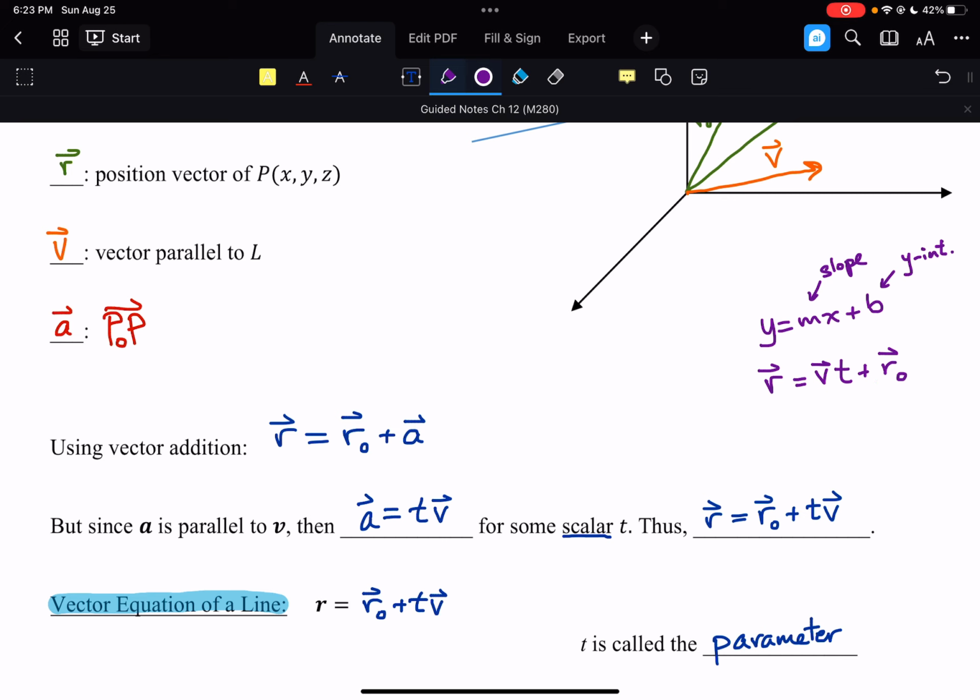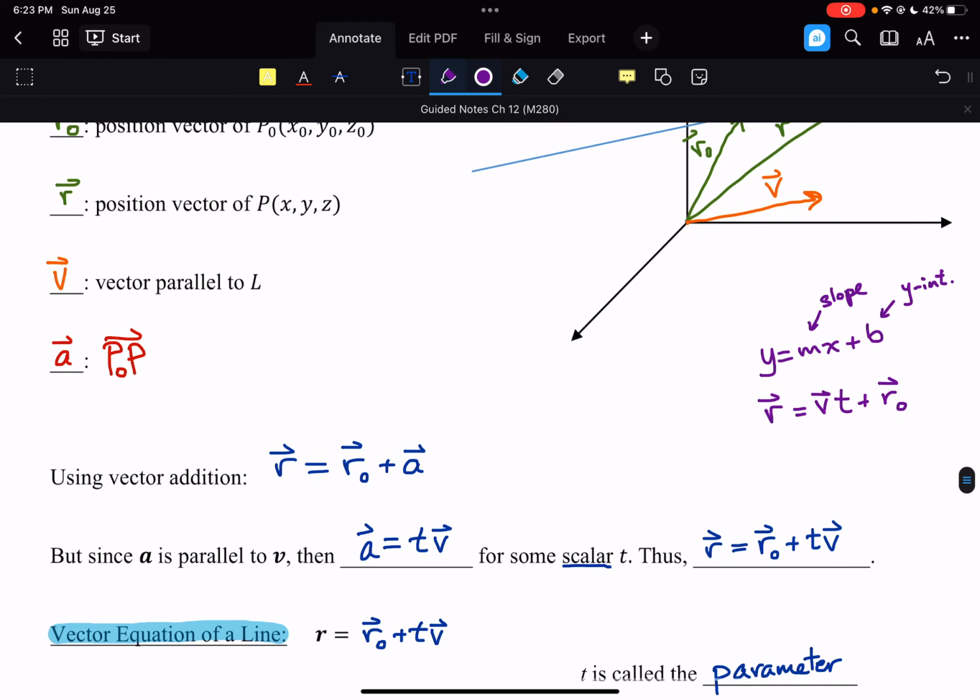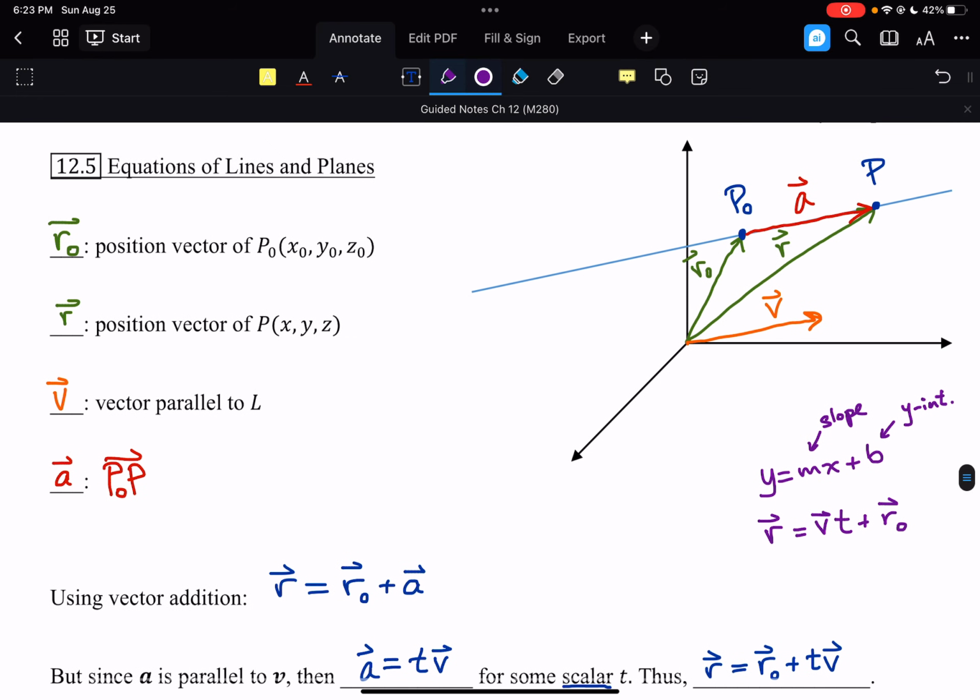So when we talk about the slope of a line in algebra, the slope is telling us what direction to go, right? It tells us the direction the line is pointed. In 3D, this one, v, that is our direction vector. So this one is giving us direction. In other words, the slope.